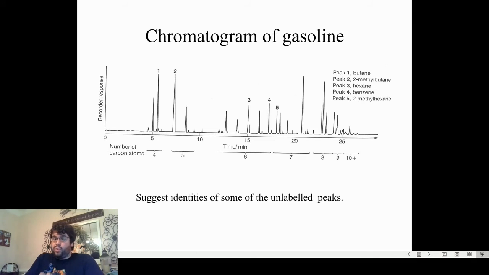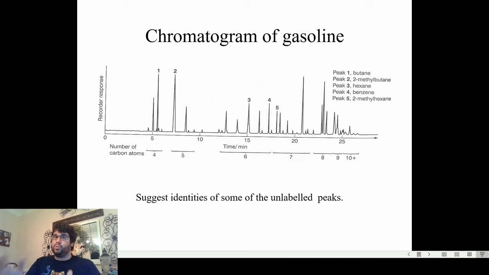So if you had something you don't know what it is, you can really quickly figure out what its mass is, what its molecular structure is, and then you can go further and maybe run this on an NMR and figure out more precisely where hydrogens and carbons are and things like that.